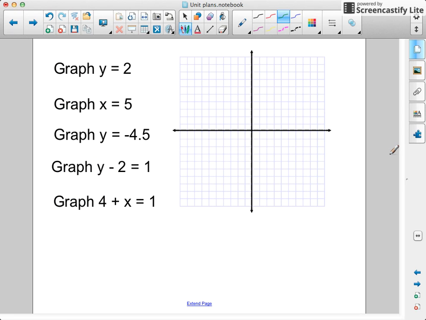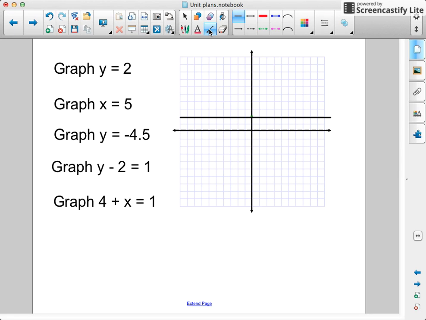So let's do some examples. Graph y equals 2. Well, let's go to 2 on the y-axis, which is right there. And what this would give you is a horizontal line going through 2 on the y-axis. So a horizontal line, so it would go right there.